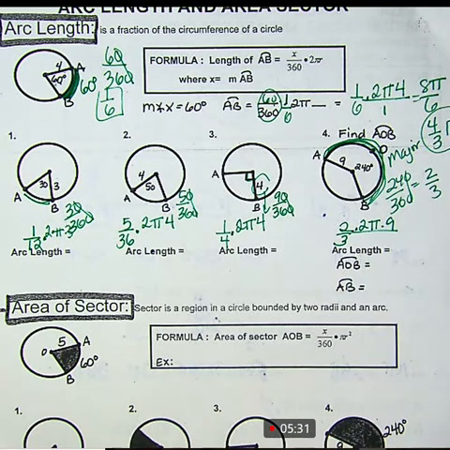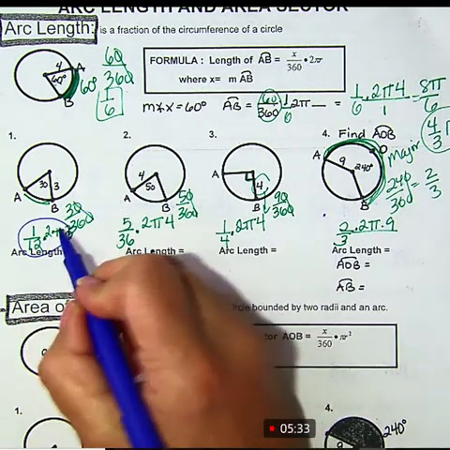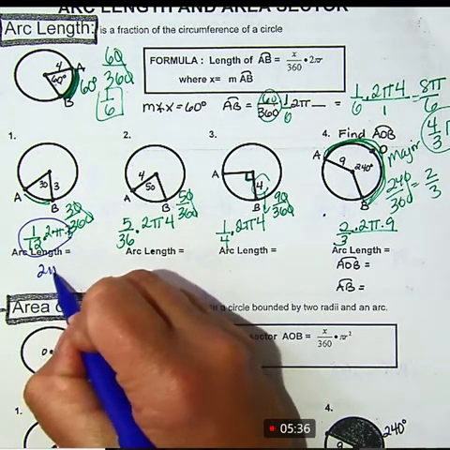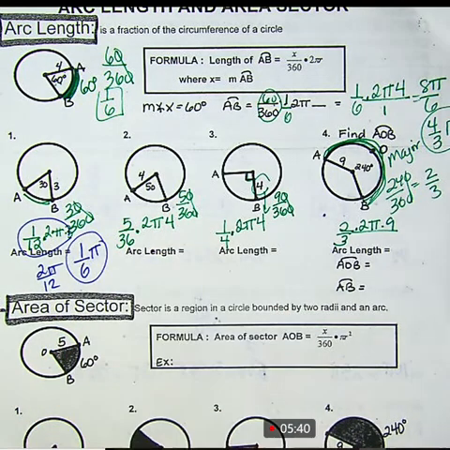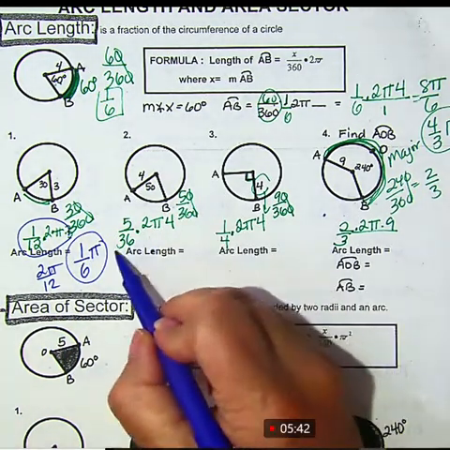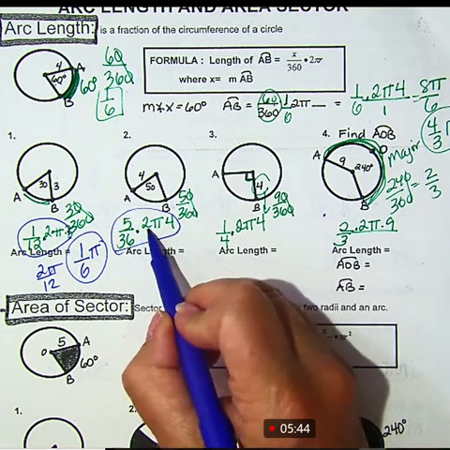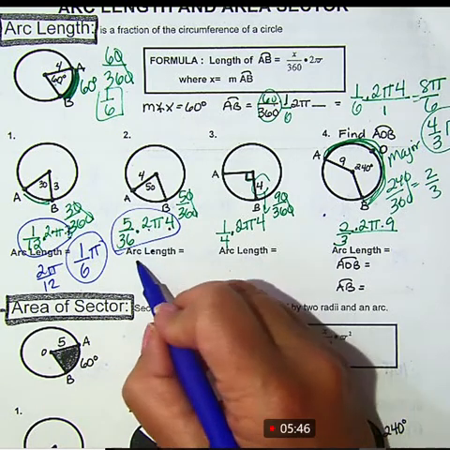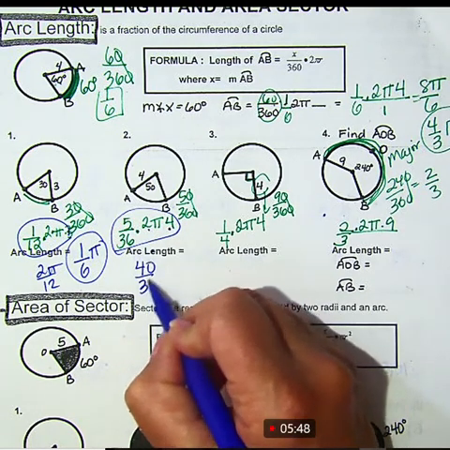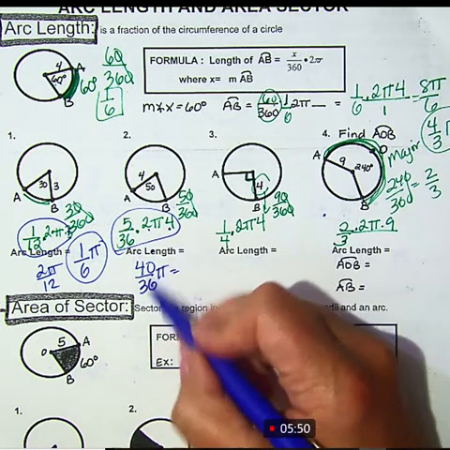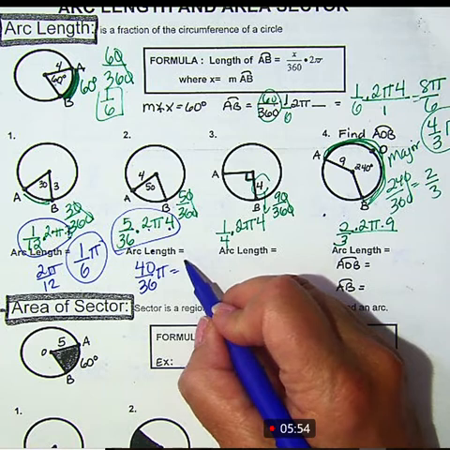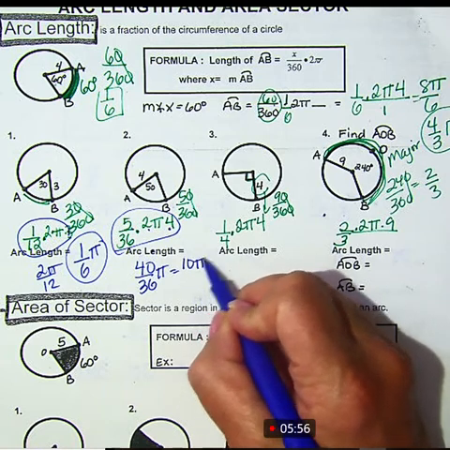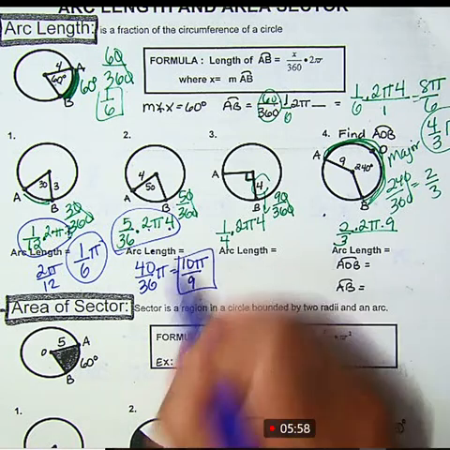So now let's go back and solve these. This is 2 pi over 12, which reduces to 1/6 pi. That's my answer to that one. This one is 5 times 2 is 10, times 4 is 40. 40 divided by 36 pi, which reduces. I can take 4 out of both of those, and I get 10 pi over 9, and that is your answer.